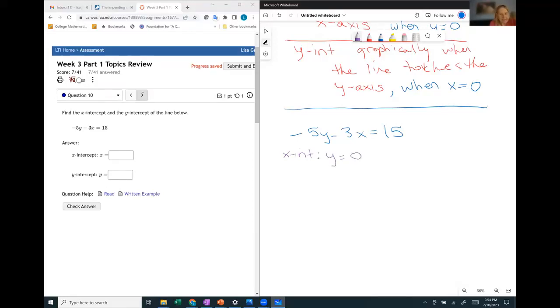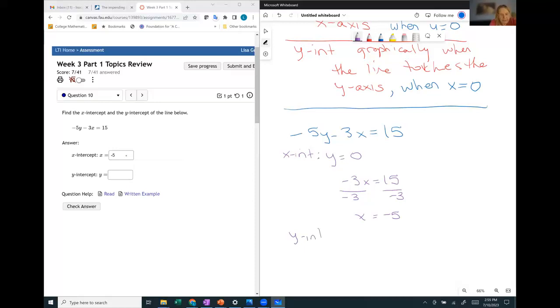So I have -5 times 0, which is 0. I don't need that. I end up with -3x equals 15. I'll solve for x by dividing both sides by -3, and I get x equals -5. So now I know my x-intercept is -5. Easy, right? Good.